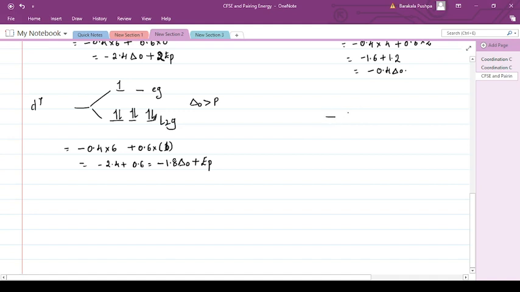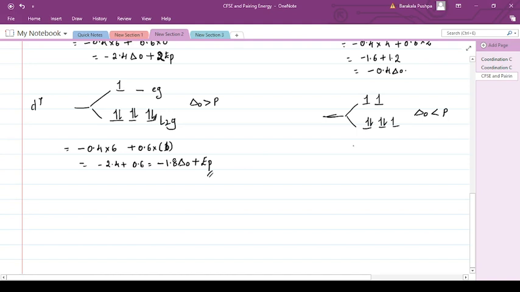Here, when you write the high spin complexes, you can easily calculate the pairing energy. Eg level, t2g level. Here the pairing energy is great. So 1, 2, 3, 4, 5, 6, 7. Instead of that only 1 electron is paired. That's why here you write 1 pairing energy.